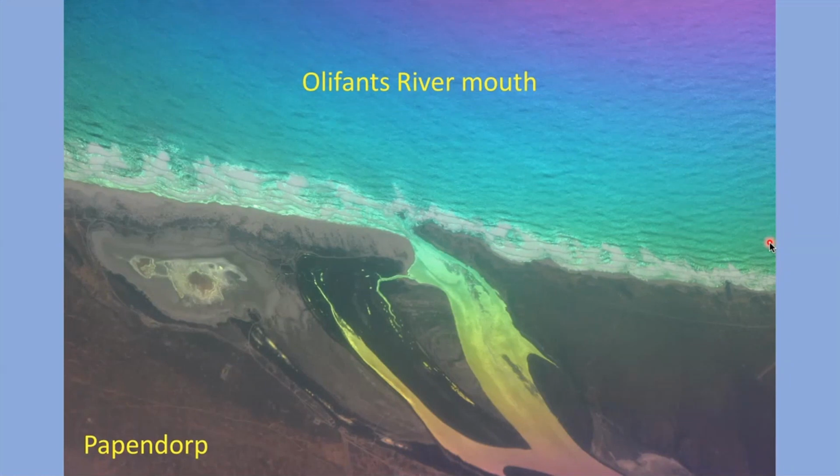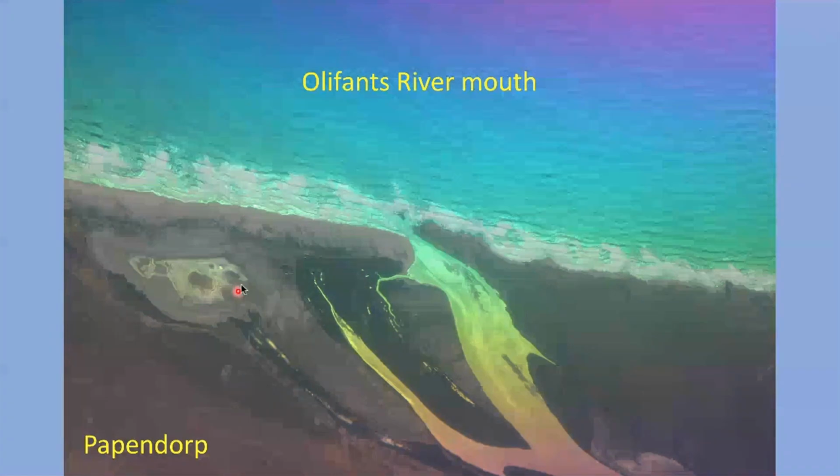This is the Olifant's river mouth, which I fortunately got a picture of out the plane window. That's why it has these weird colors, because of the polarized light. And you can see here's the ocean with the waves coming in. Here's the actual Olifant's river, and it's exiting into the ocean. And what's interesting here, it's near the town of Papendorp, which you can visit, and you can walk out onto this area.